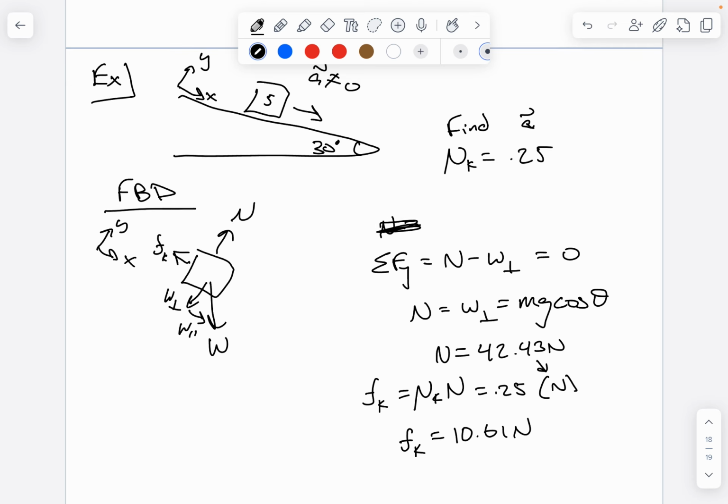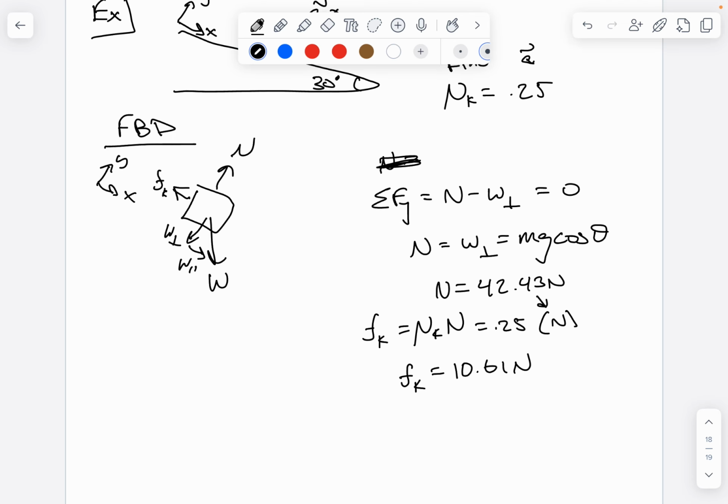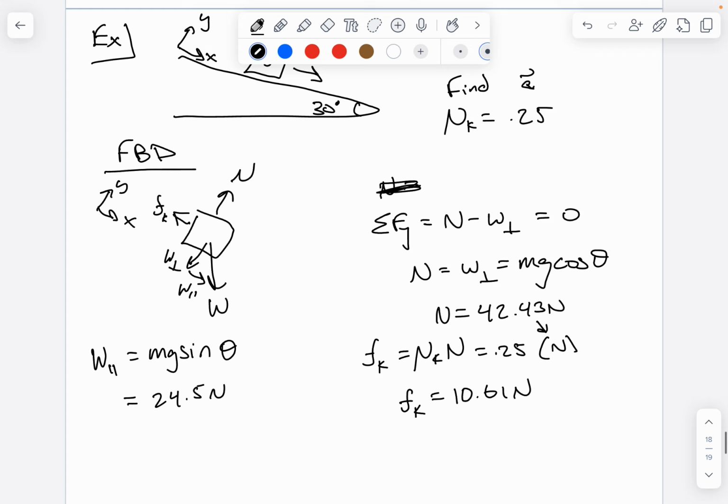In order to find acceleration, we still need to find how much force is moving the block down the ramp. So we need to find weight parallel, and this is mg sine theta. When we plug everything in, this should be 24.5 newtons.